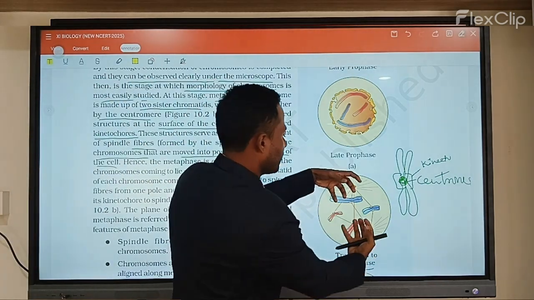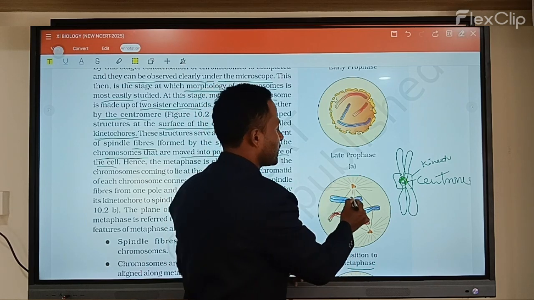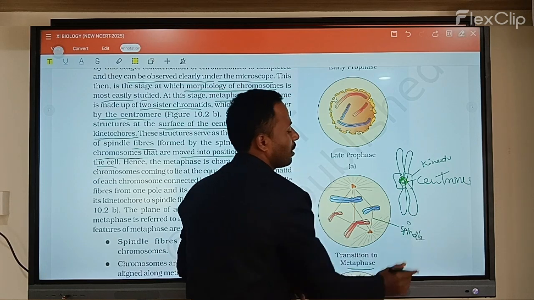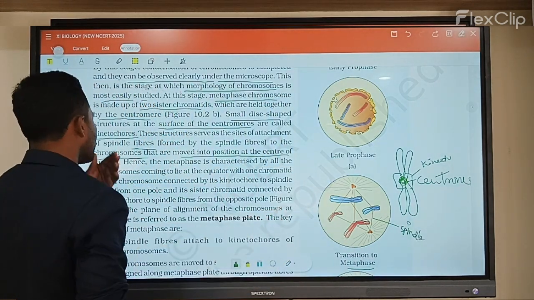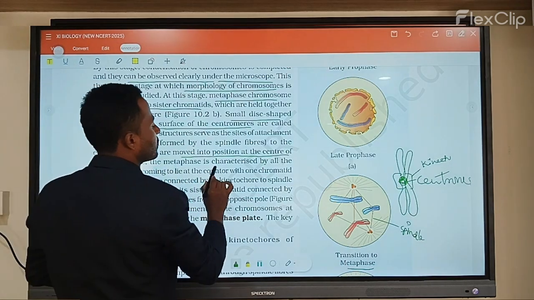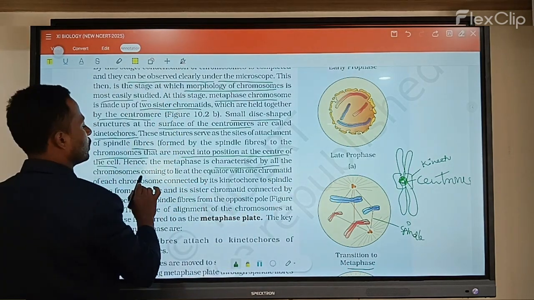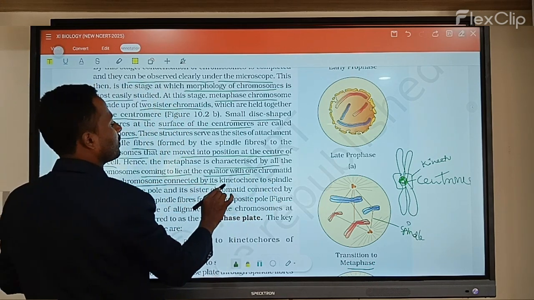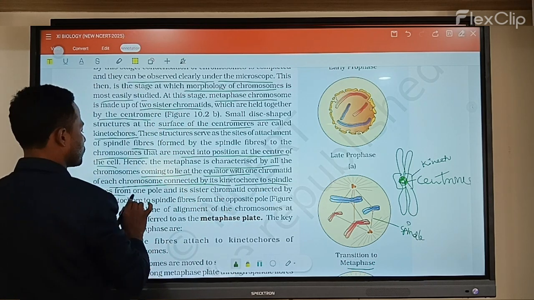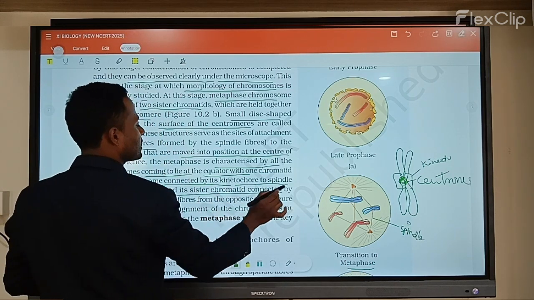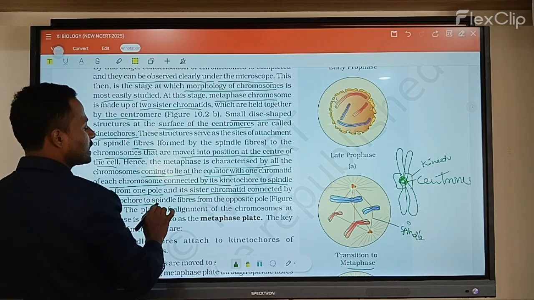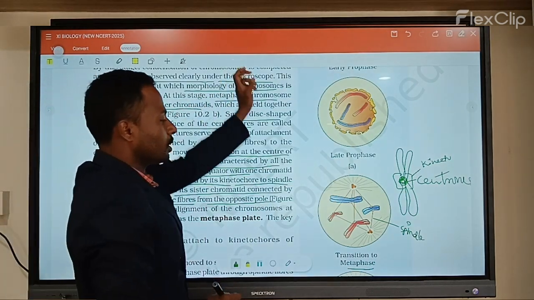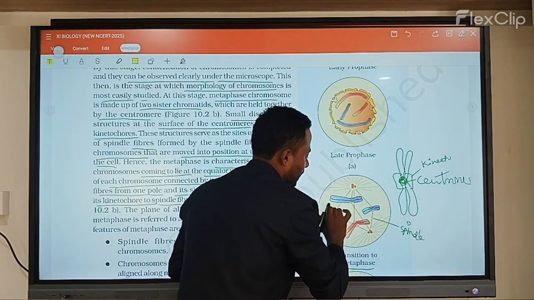So here the two asters form these spindle fibers. These are the spindle fibers. Now, metaphase is characterized by all the chromosomes coming to lie on the equator, with the chromatids of each chromosome connected by the kinetochore to spindle fibers from one pole, and the sister chromatid connected by its kinetochore to spindle fibers from the opposite pole. All the chromosomes get arranged in one equatorial plate.